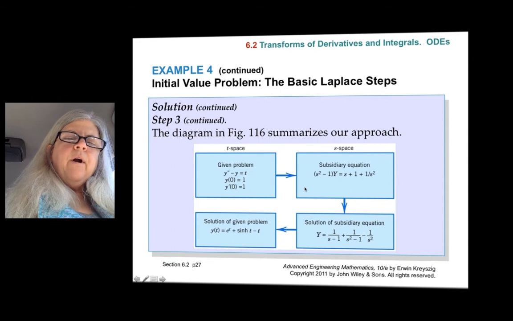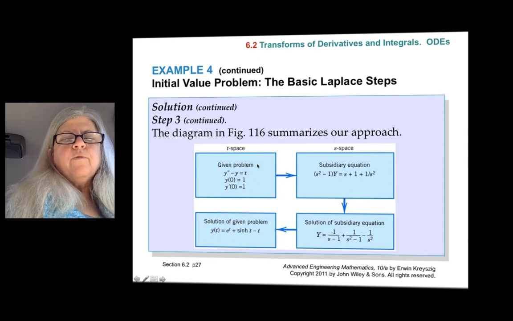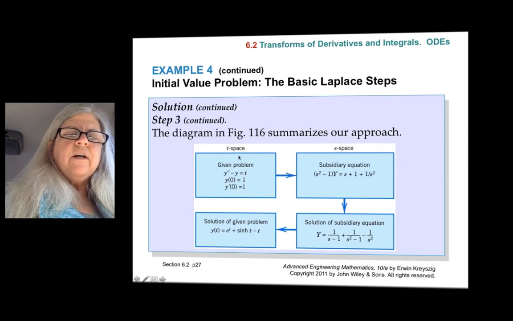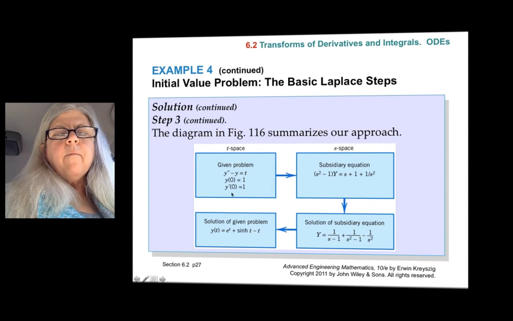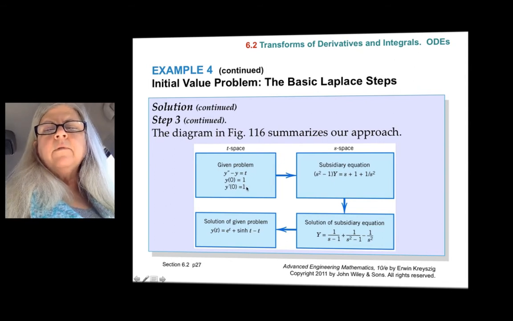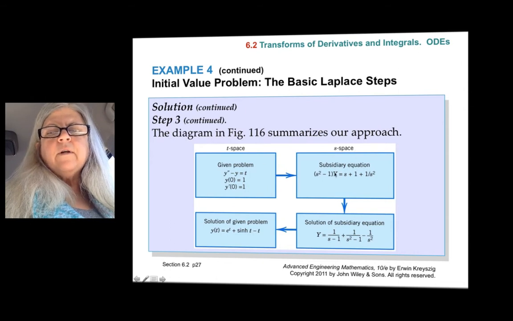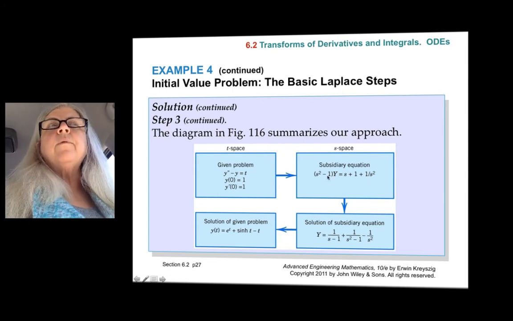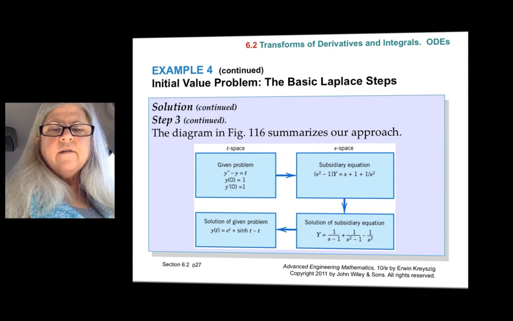All right, but the problem does illustrate our general approach, which is in the time domain or time space, we are given a problem that has to have initial conditions specified or we can't solve the problem. We then transform into the S domain or S space and we get this subsidiary equation, which, by the way, I have always referred to as a characteristic equation and probably will do so when lecturing in class.